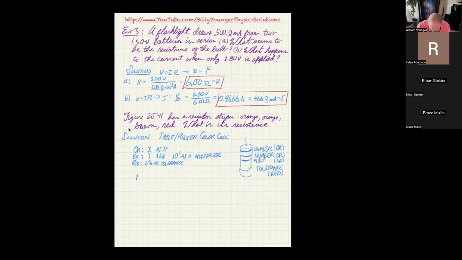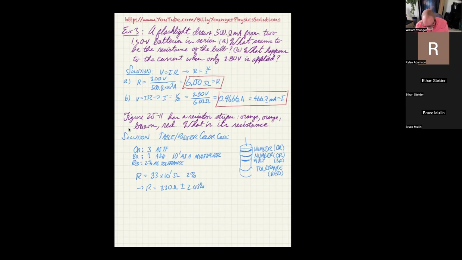So this resistance should be equal to orange, orange is 33, and then brown is times 10 to the 1. So we have 33 times 10 to the 1 ohms and 2% error. So that means R is equal to 330 ohms plus or minus 2.00%.